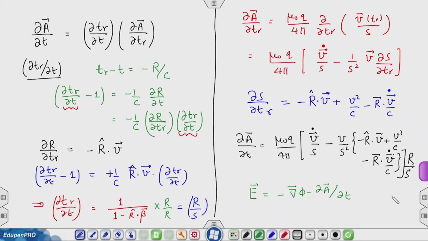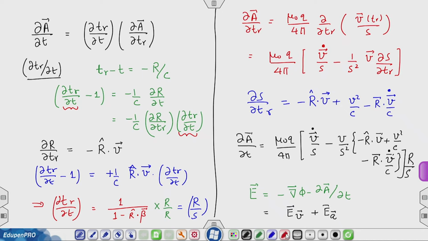So, I just want to point out at this point that I have been very careful in deriving all the results, but still there may be some sign mistakes or something. So, please check these. The final result that comes out from here, that E comes out to be a term which is dependent only on V plus a term which depends on the acceleration and V both.